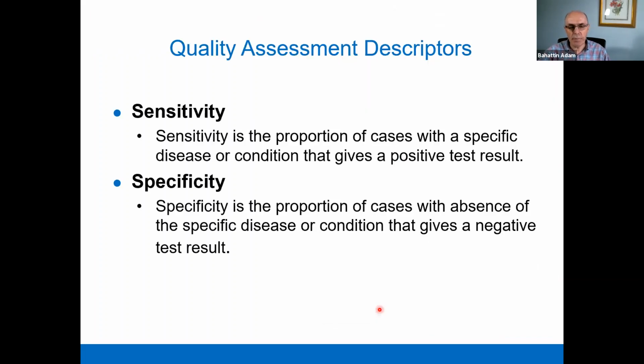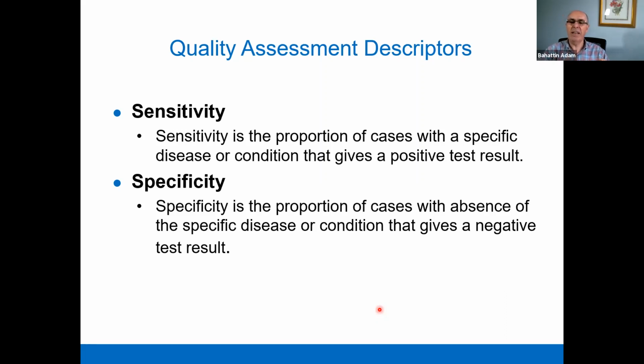Okay. Now, sensitivity. Okay. We have 15 minutes. And specificity. You may have heard such definitions before, but sensitivity is the proportion of cases with a specific disease or condition that give positive test results.